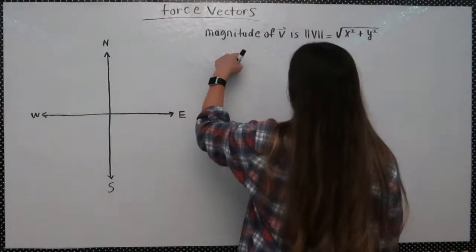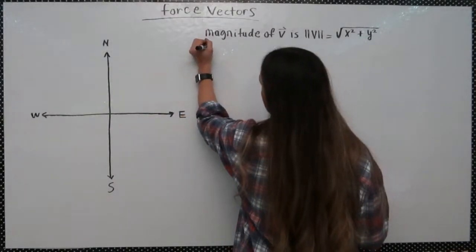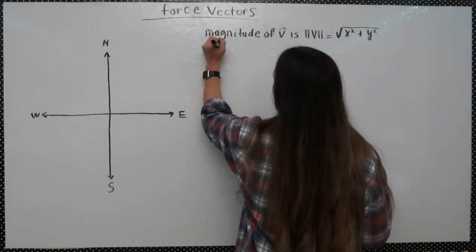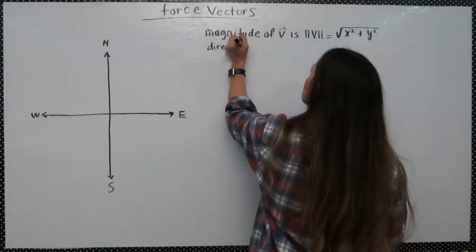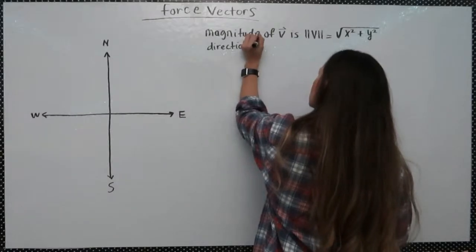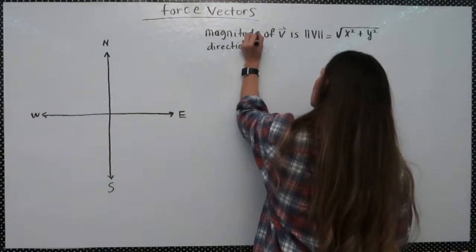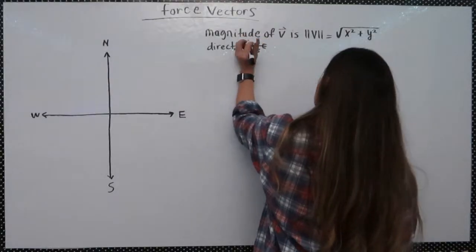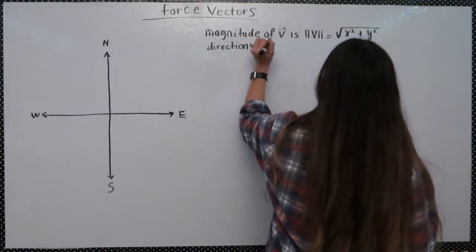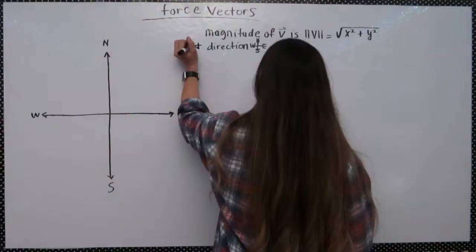So you have to have a magnitude and a direction. So we'll just say north, south, east, west. So you have to have a magnitude and a direction.